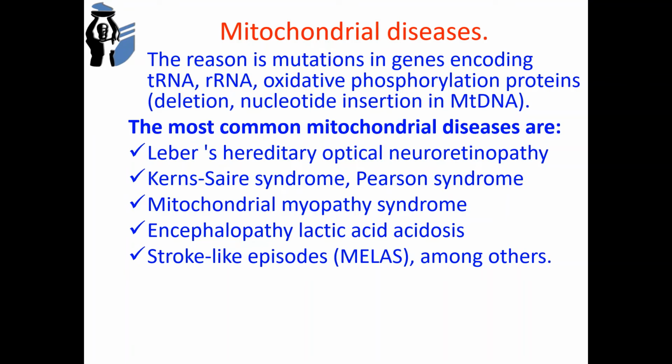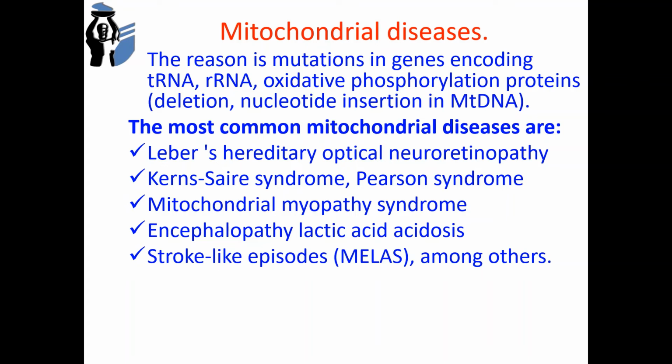I think you remember that mitochondrial diseases are inherited only on the mother's side. The most common mitochondrial diseases are on the screen. For example, Leber's hereditary optic neuroretinopathy, Kearns-Sayre syndrome, Pearson syndrome, mitochondrial myopathy, encephalopathy, lactic acidosis, and stroke-like episodes, among others.